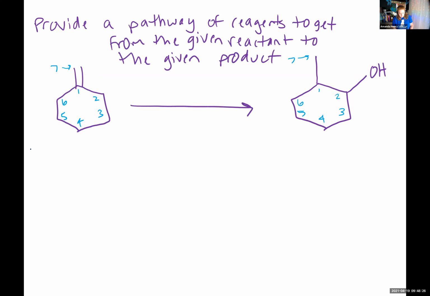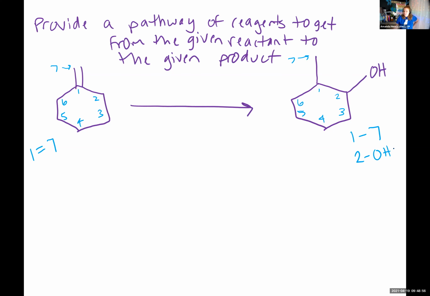So I know that I have a double bond between carbon 1 and 7. Over here, my bond between carbon 1 and 7 is now a single bond, and carbon number 2 has an alcohol attached to it. So that's really just my little summary of how we are going to change our reactant into our product. We're going to need to get rid of that double bond. We're going to need to get an alcohol attached to carbon number 2.